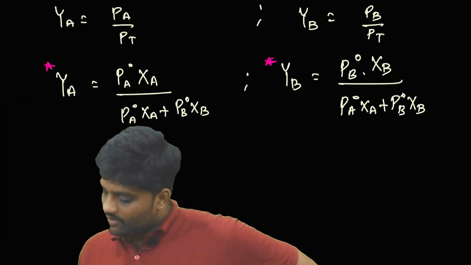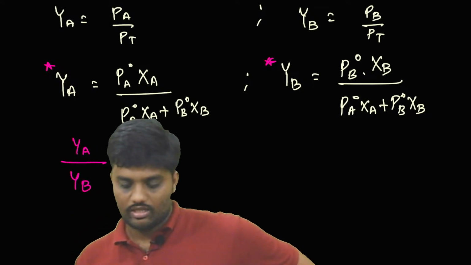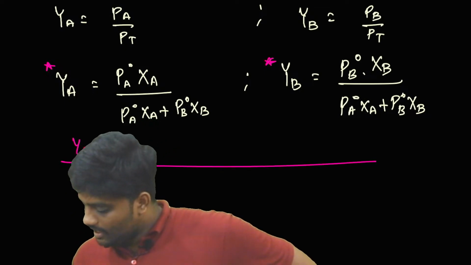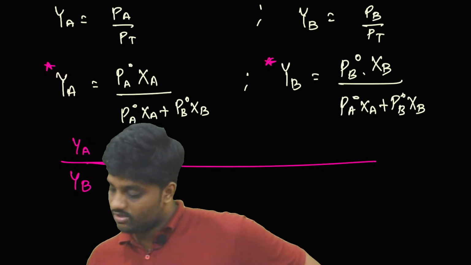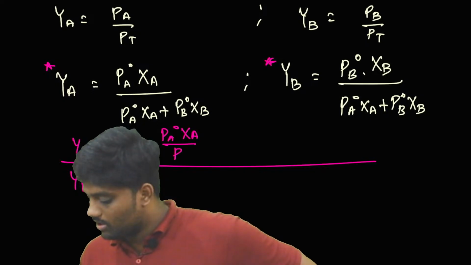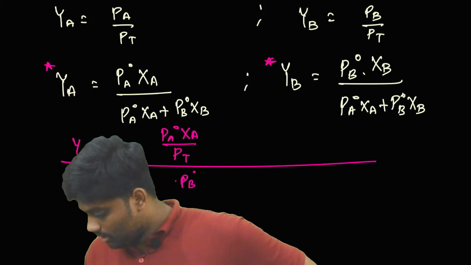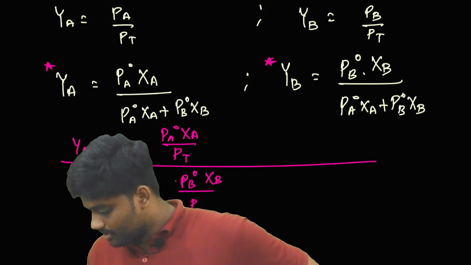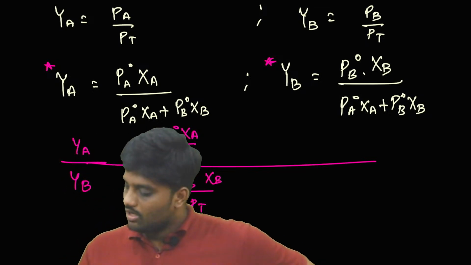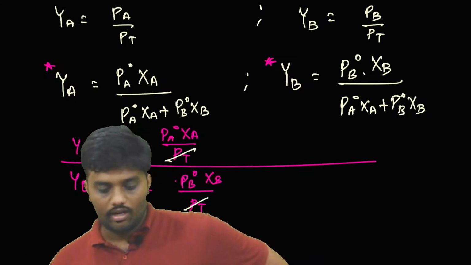Here, whenever I take the ratio of Ya upon Yb, Ya is equal to Pa naught psi a upon total pressure. This is equal to Pb naught psi b upon total pressure. If you take the ratio of the two, the total pressure cancels out.